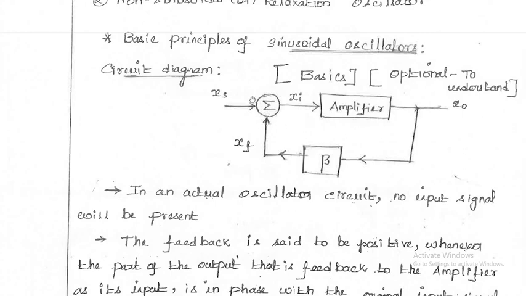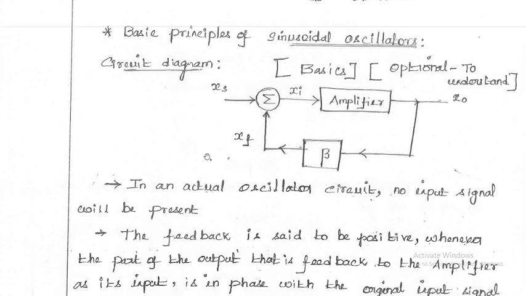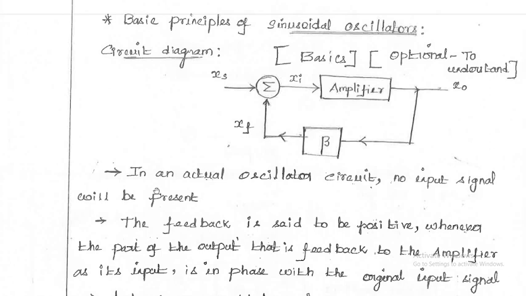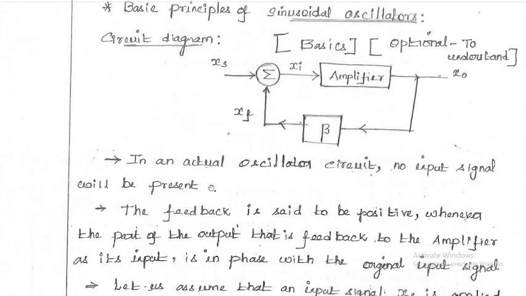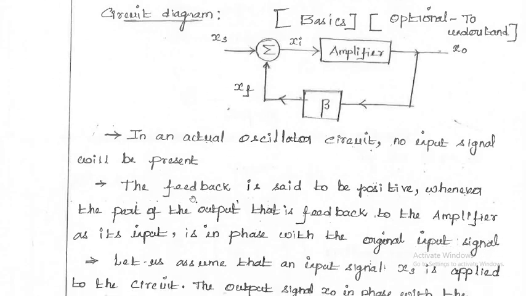For the oscillator we use positive signs at both. In an actual oscillator circuit, no input signal will be present, as we already explained. The feedback is said to be positive whenever the part of the output that is fed back to the amplifier as its input is in phase with the original input signal. Both are in the same phase.